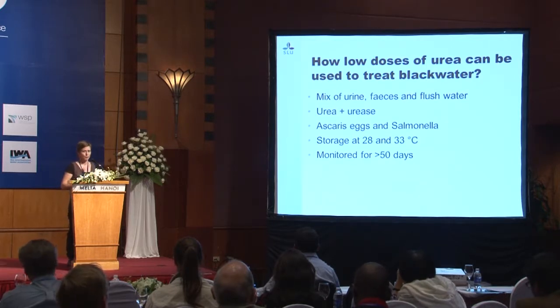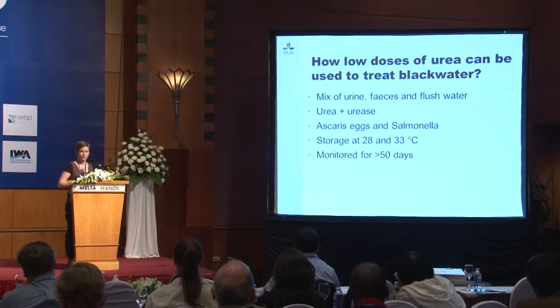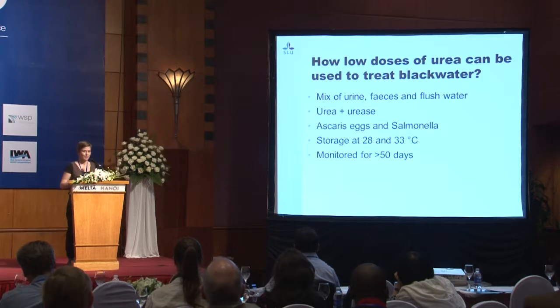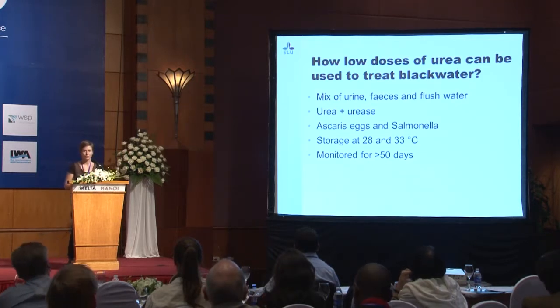This is a laboratory study where urea and urease were added, and also Ascaris eggs and salmonella, since they were not present in the material at the beginning. This slurry was stored at 20 degrees, and the concentration of salmonella and the Ascaris viability were monitored over 50 days.